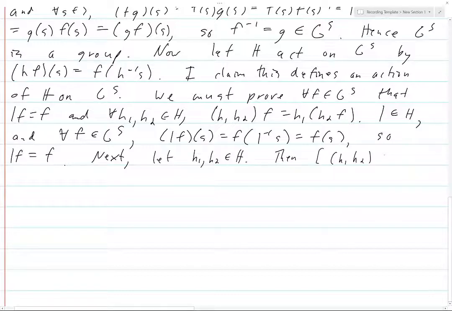I know I got confused about this when I was doing it the first time. So (h1h2)f, this is a function, and it sends S to G. So this is going to take s as an input.